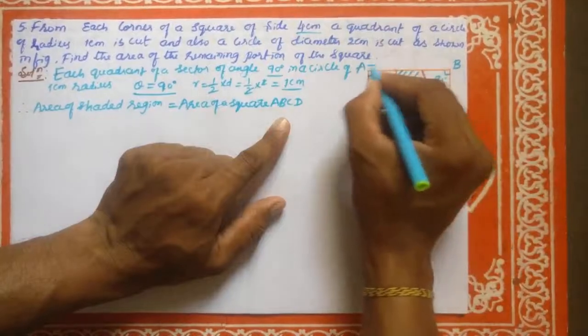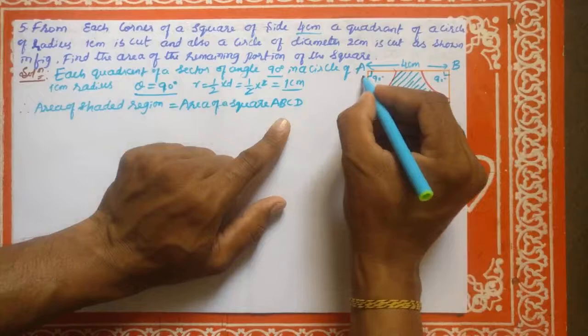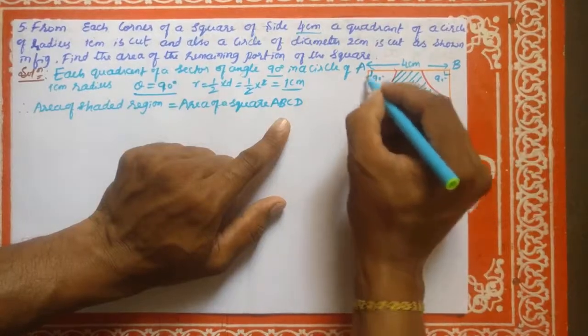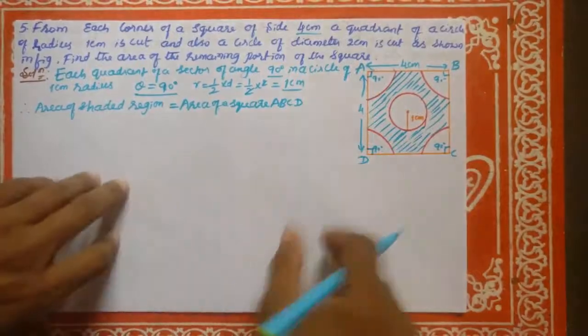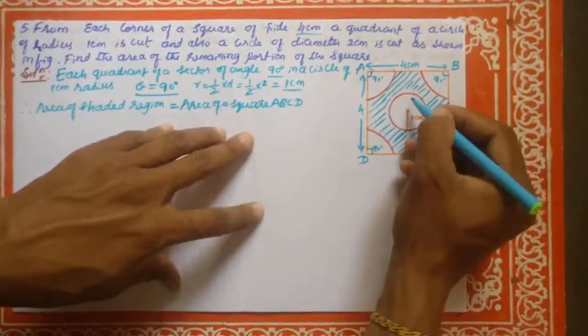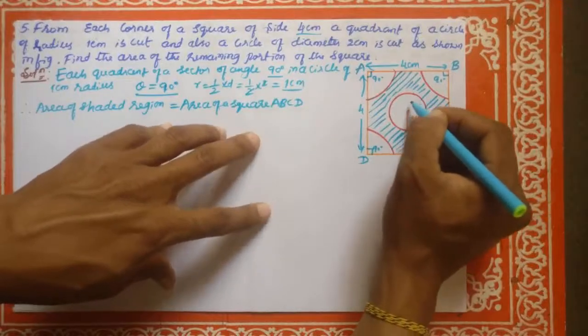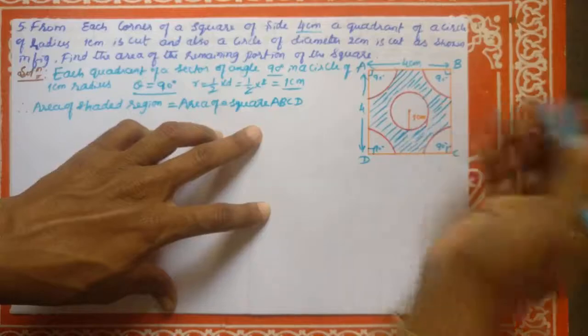The 2 centimeter cut off is the diameter of the circle, as shown in the given figure. If the diameter is 2 centimeter, therefore the radius is equal to 1 centimeter.